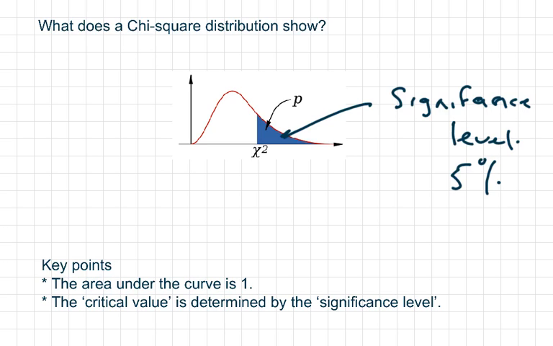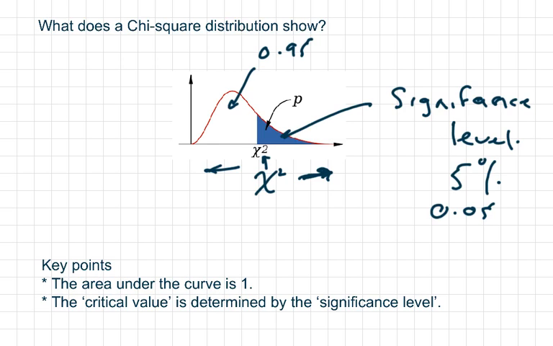So this area will be 0.05. That's greater than chi-squared. Okay, so chi-squared is here. This area to the right is greater than this value. This area to the left is less than. So this area will be 0.95.